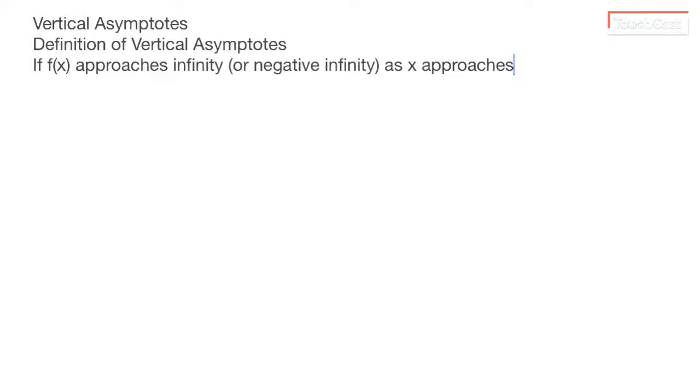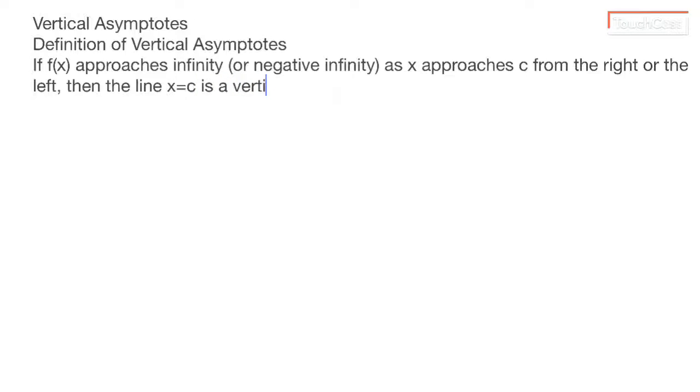We define a vertical asymptote if f of x approaches infinity or negative infinity as x approaches c from the right or the left, then the line x equals c is a vertical asymptote of the graph of f.